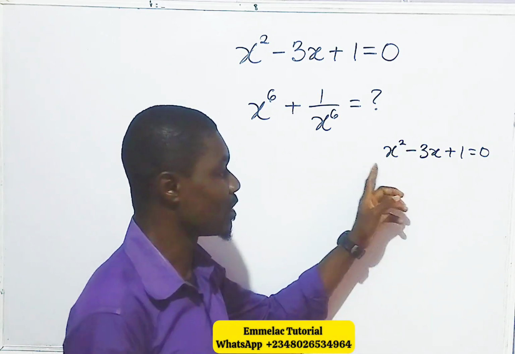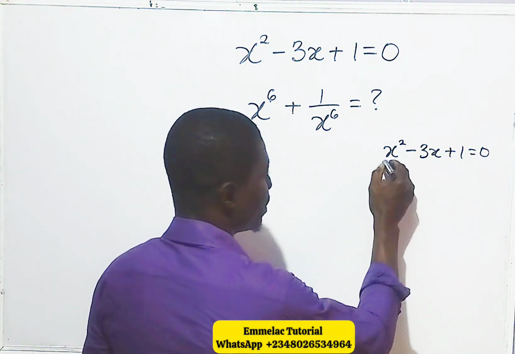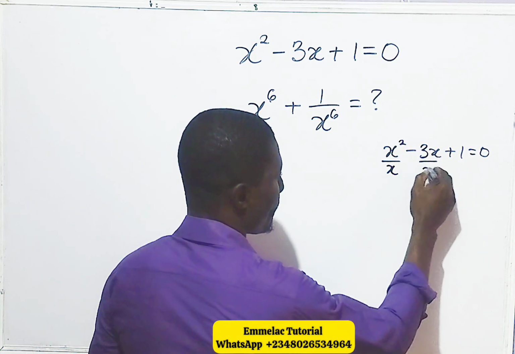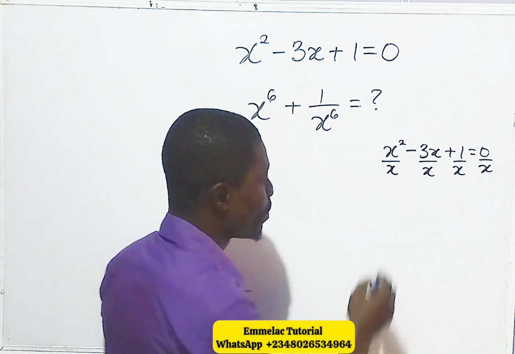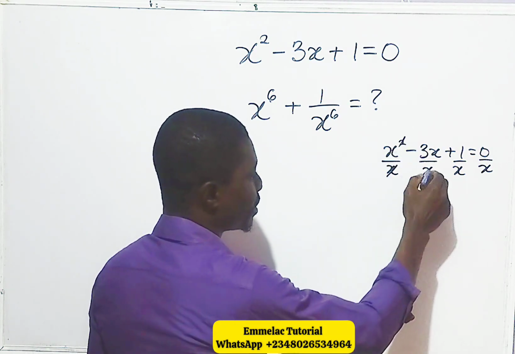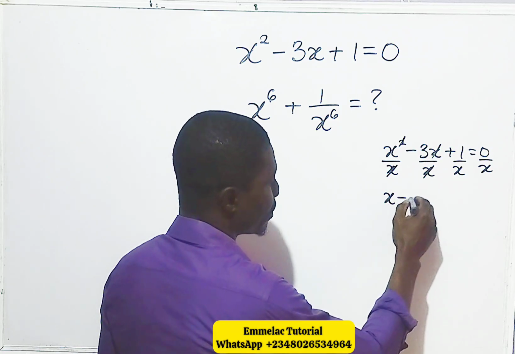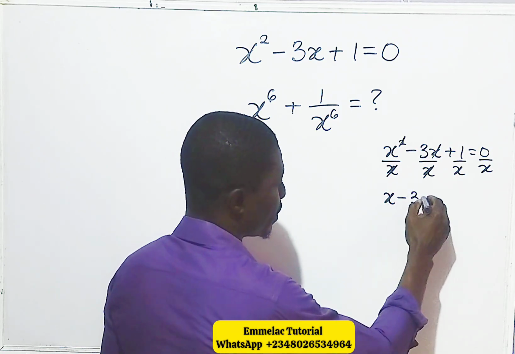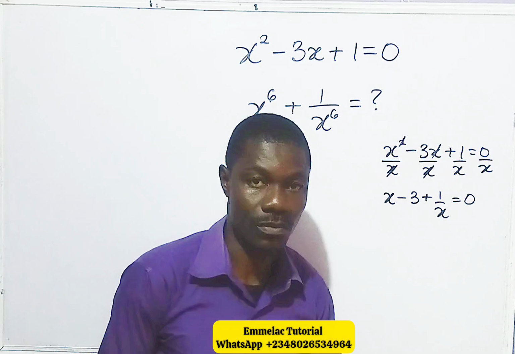So, let's divide the equation by x. By dividing through by x, this eliminates this, so we're left with x minus 3, plus 1 all over x, then equals 0.